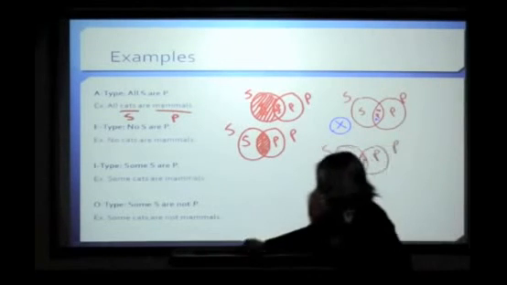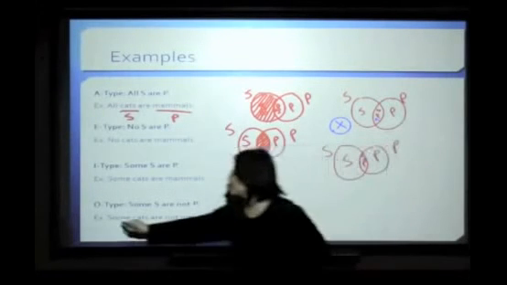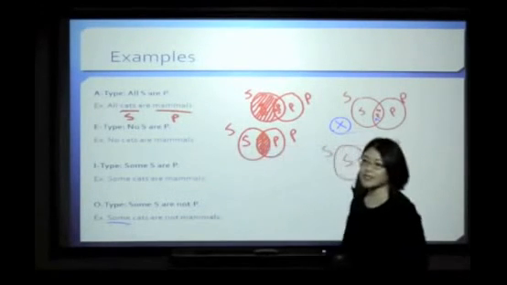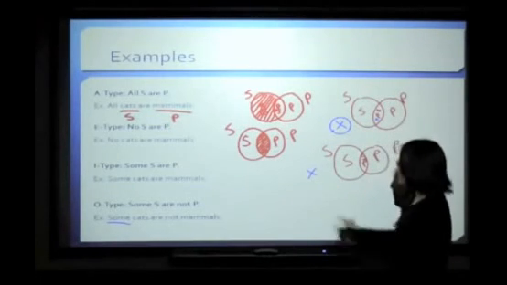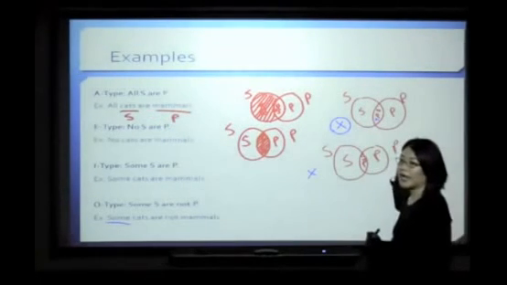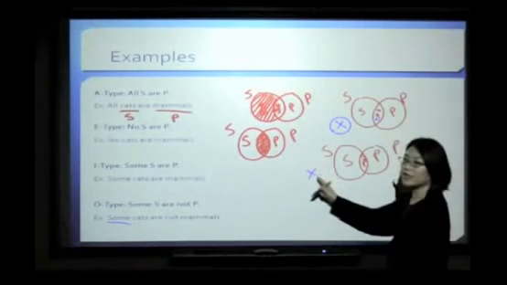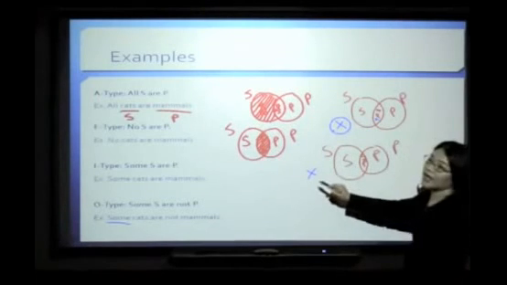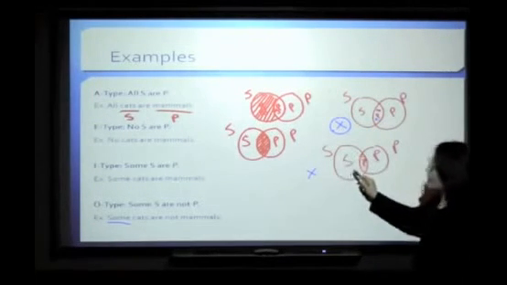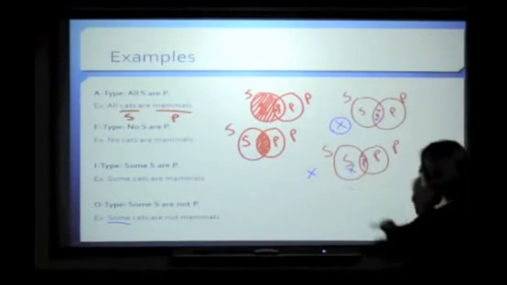And again, this is a particular statement which asserts something about some cats. So it's saying something about at least one thing that is a cat, and that at least one thing that is a cat is not a mammal. So you have at least one thing that's an S that is not a P. So you're going to put that X in the area where it's an S but not a P, which is this area here.